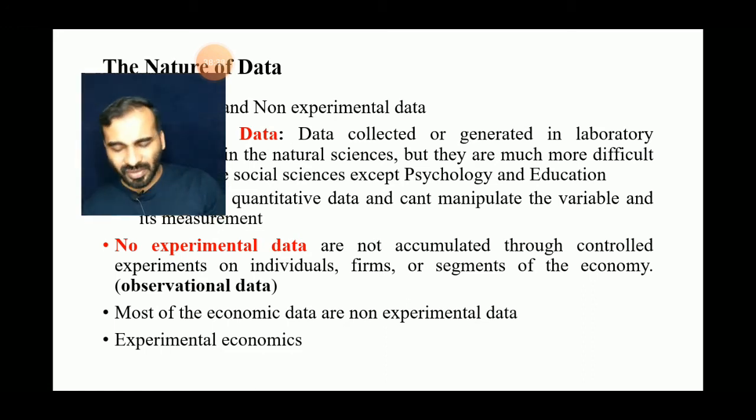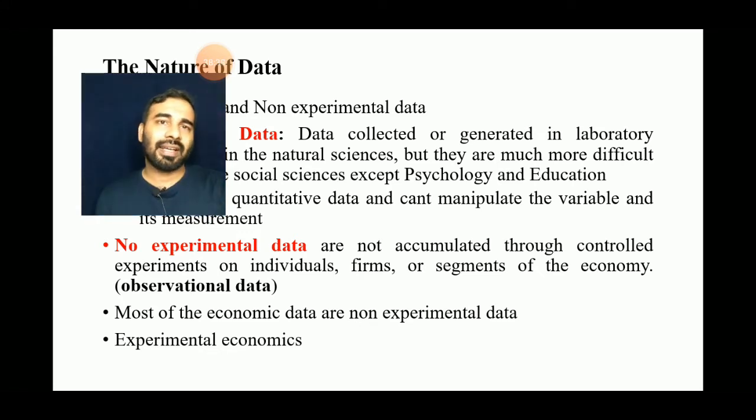Okay, but nowadays, as you know, there is a branch of experimental economics or behavioral economics. In behavioral economics, they are generating certain data. That means suppose we want to measure how education and poverty are related.